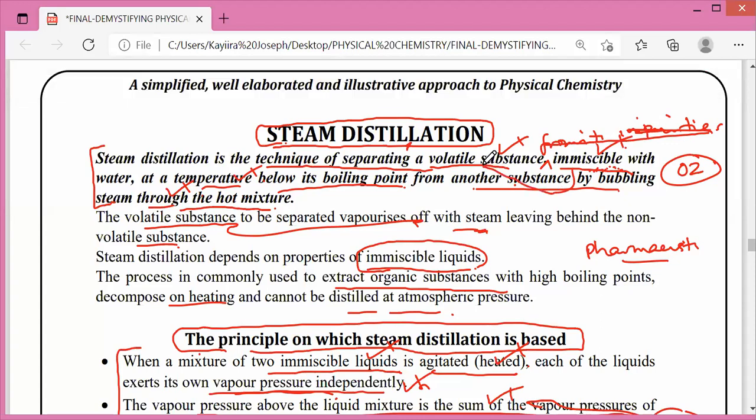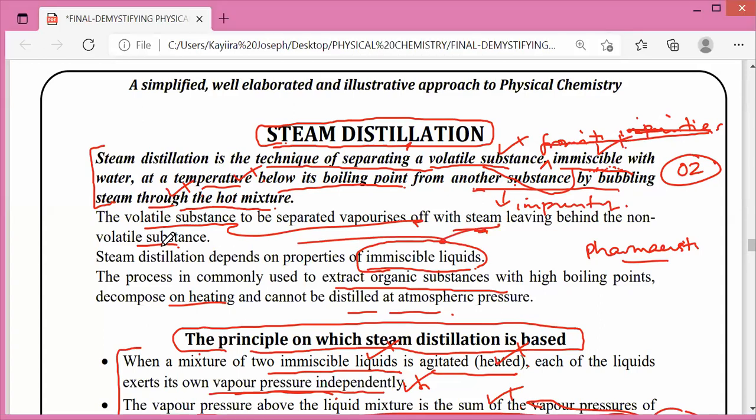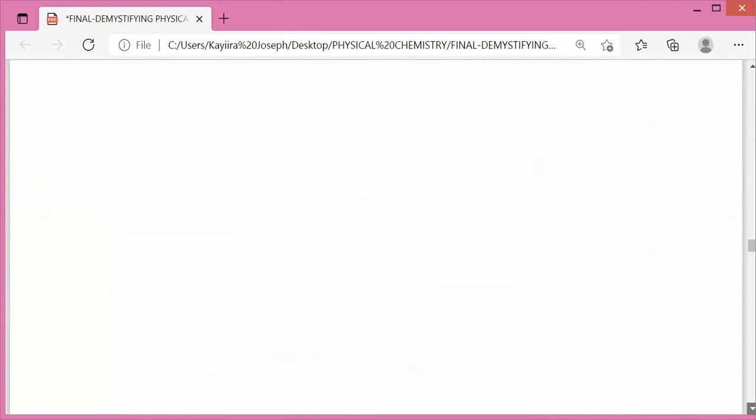So the volatile substance we are separating must be with another substance. That other substance we call the impurity. Are we together? I'm getting you now, teacher. By bubbling steam through the mixture, that volatile substance will be separated, vaporizes off with steam, leaving behind the non-volatile substance. Have you got the concept? Yes, teacher. I think I'm now clear.